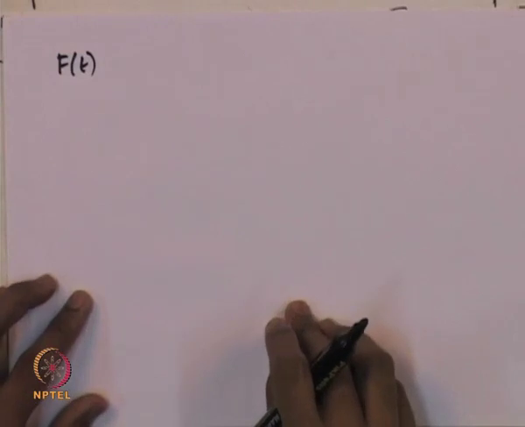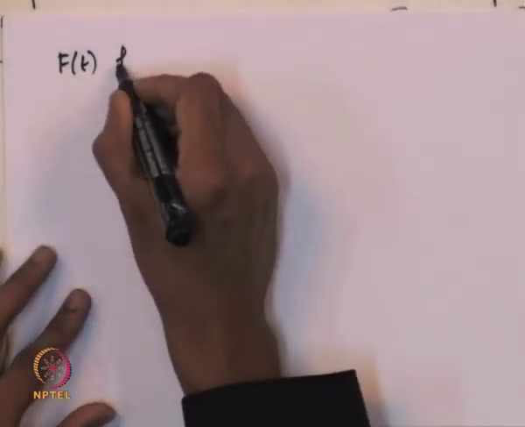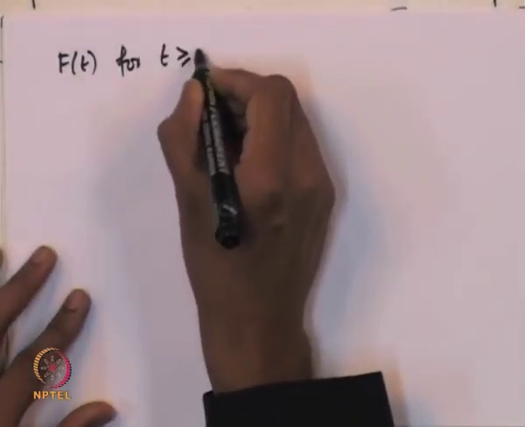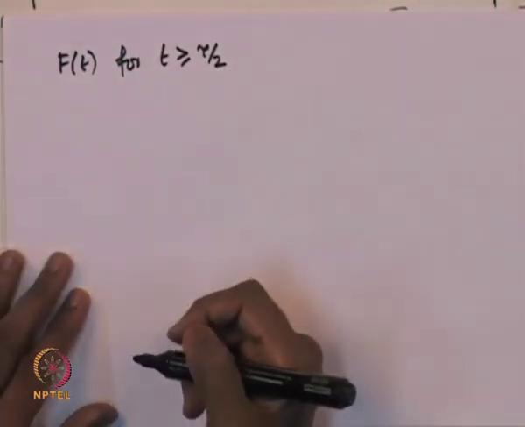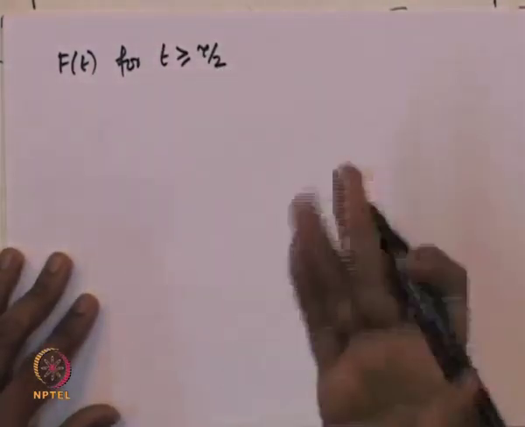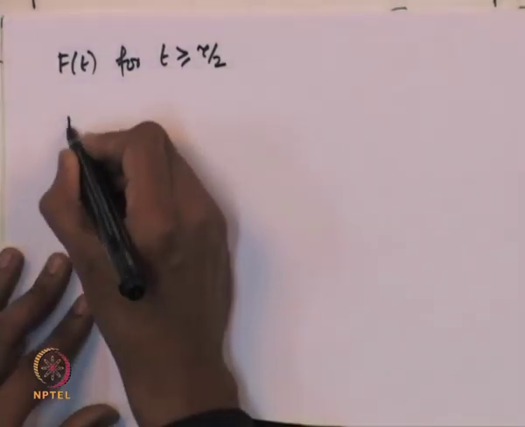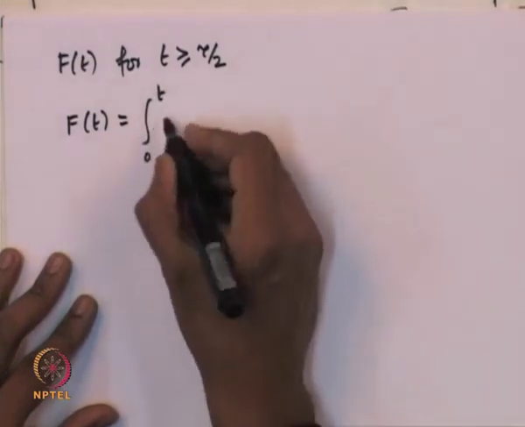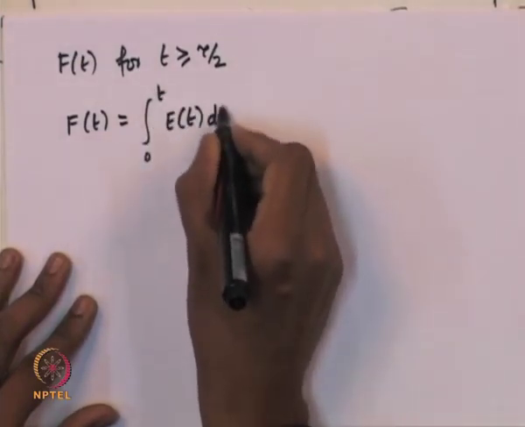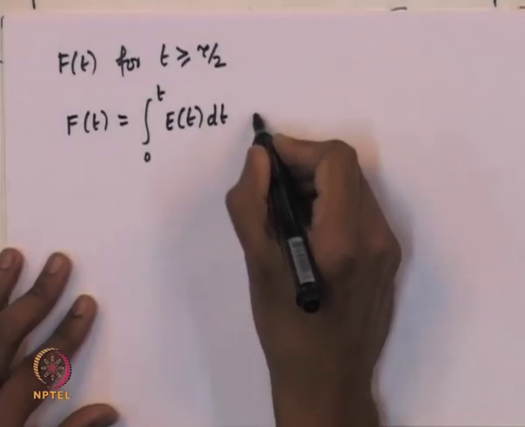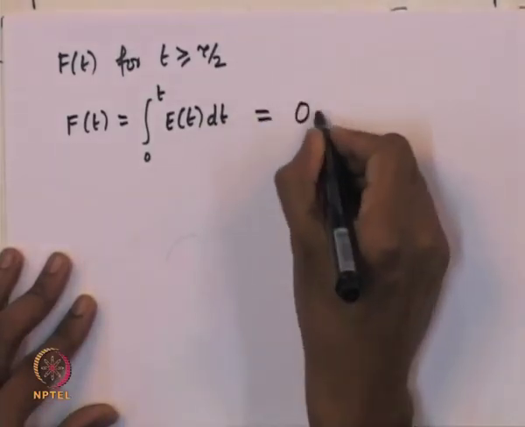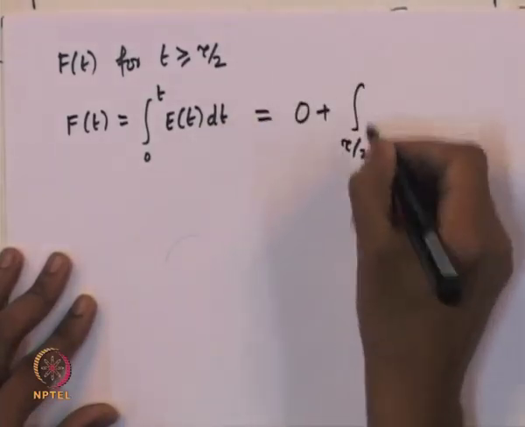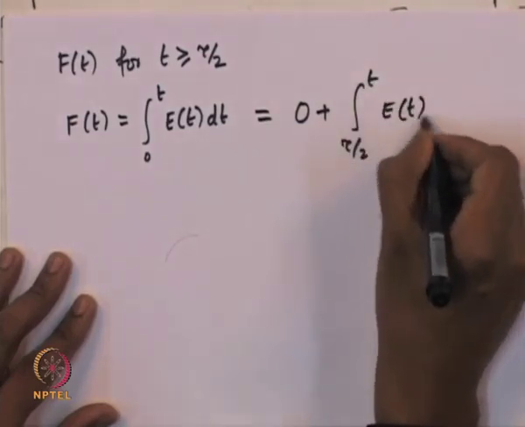So, now what about F of t, the F curve for the laminar flow reactor? For t greater than or equal to tau by 2, that is the time for which E of t is valid, F of t is given by the integral 0 to t of E of t dt, and that is equal to 0 plus the integral tau by 2 to t of E of t dt.